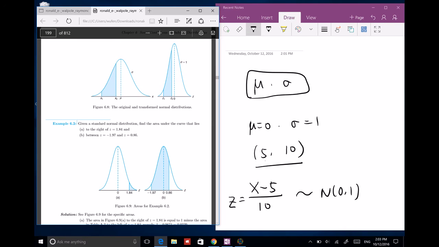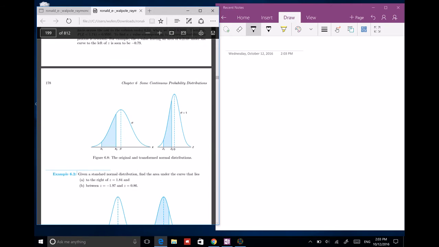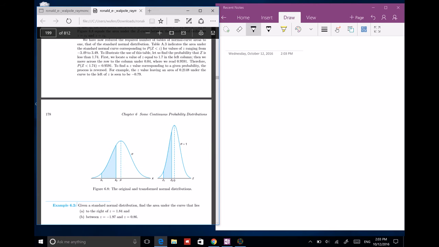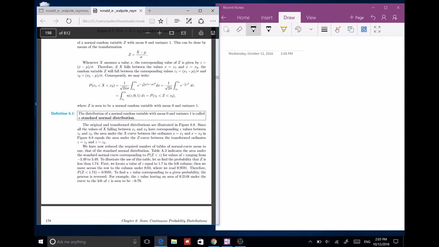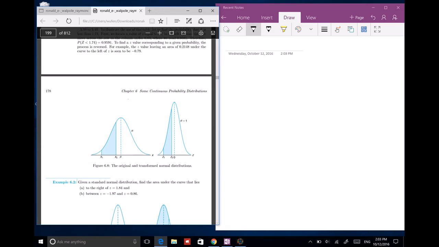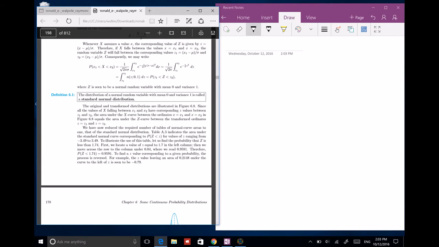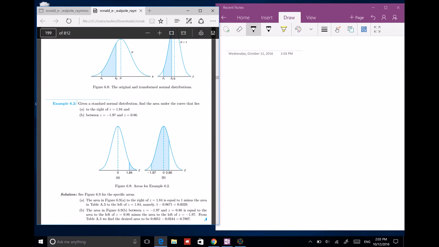All right. So next we are going to look at, given a z value, since it is a standard normal distribution, you can use a table for all the probabilities of a standard normal distribution. Okay, we have a uniform table for that. Example 6.2.